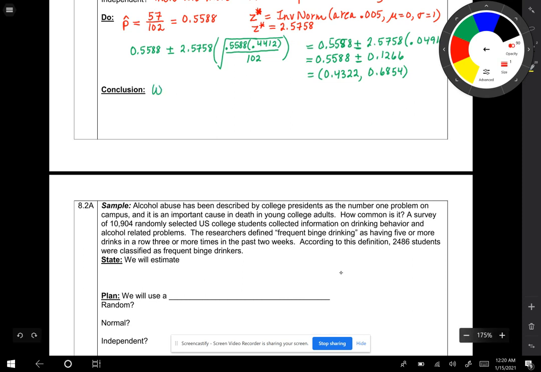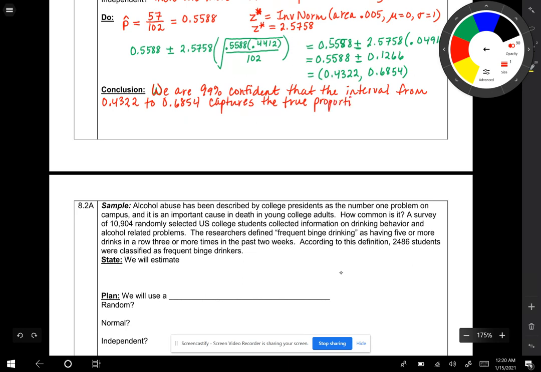We are 99% confident that the interval, you can write this in one sentence and you're done, from 0.4322 to 0.6854 captures the true proportion of pennies in the jar that are more than 10 years old.